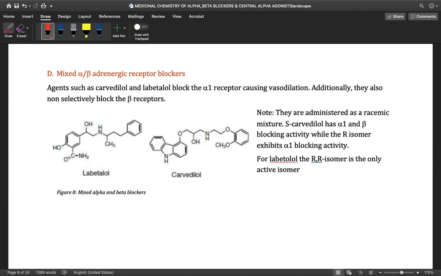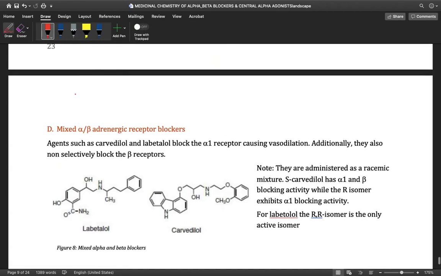All right, I want to mention quickly before we close this chapter the mixed alpha and beta adrenergic receptor blockers, and these are the third generation. Okay, so they block both alpha receptors and beta receptors.